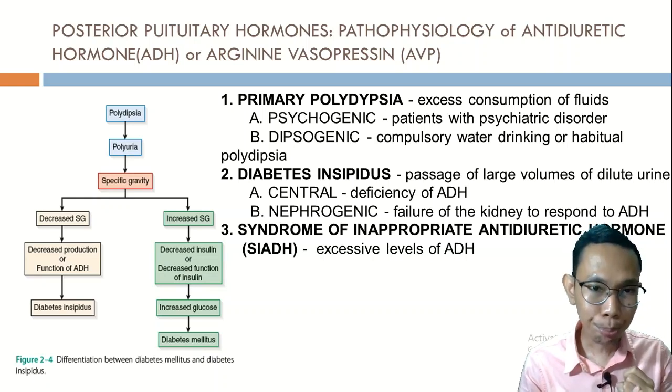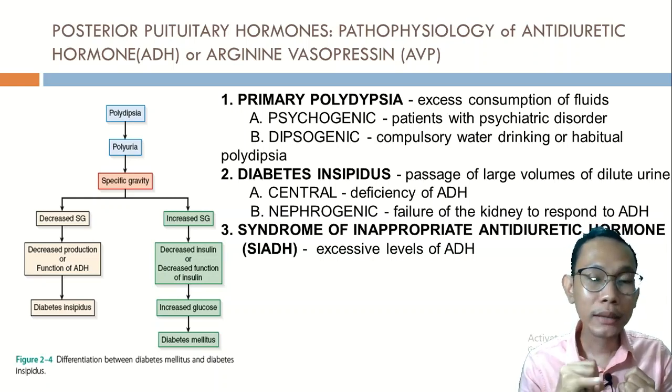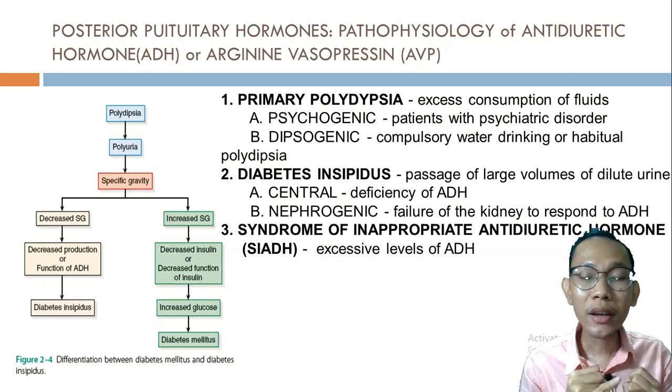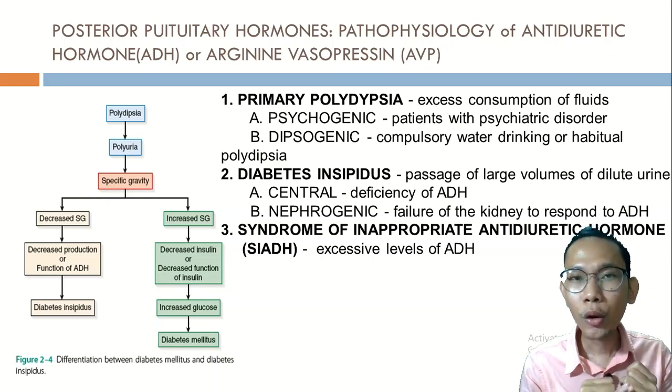In diabetes mellitus, there is deficient or resistant insulin. Diba? Your diabetes is divided into type 1 and type 2. Type 1 is your insulin deficient type, kulang ka sa insulin. Type 2 is your insulin resistant.